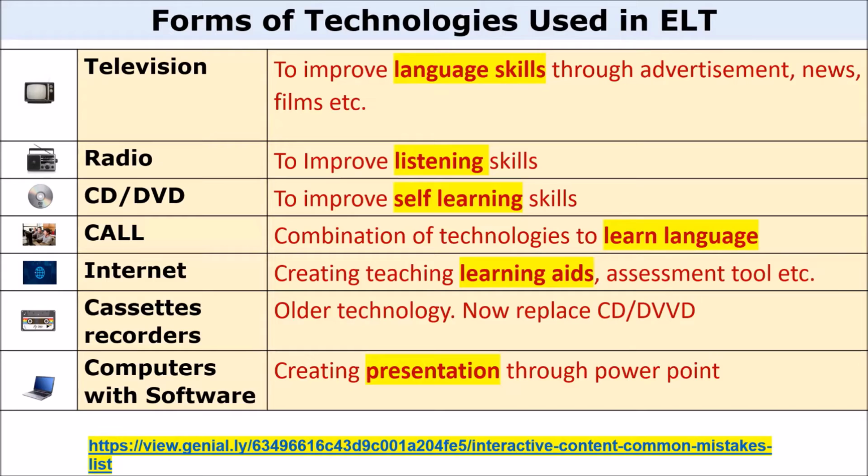Actually, it has now been replaced with CDs and DVDs. Then computer software, another form of technology you use to teach students. One good example is a PowerPoint presentation, right? Through the presentation, you can engage with your students.